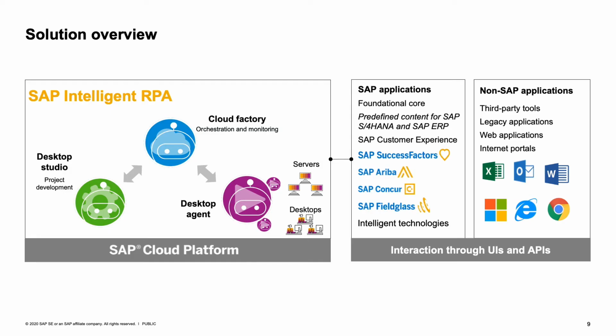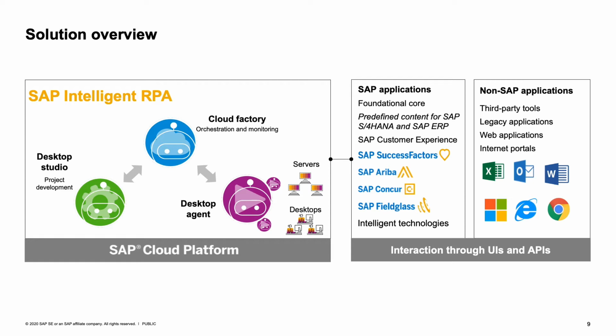Our Intelligent RPA service is running on the SAP Cloud Platform and has three main components. First, the Design Studio is to capture user interactions and graphically design the bot workflow. Second is the agent, which is the runtime execution of bots in various virtual, on-premise, or hybrid cloud environments.